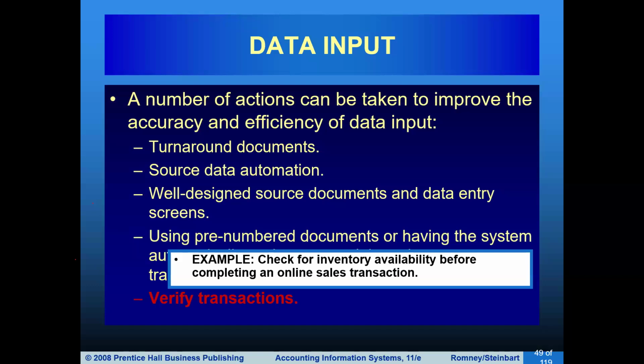This verifies the transaction. Somebody may ask for some goods that may not be available in stock. Sufficient inventory may not be available. Then you have to check on or before completing an online sales transaction whether available stock is there or not. If it is, you can enter the data.